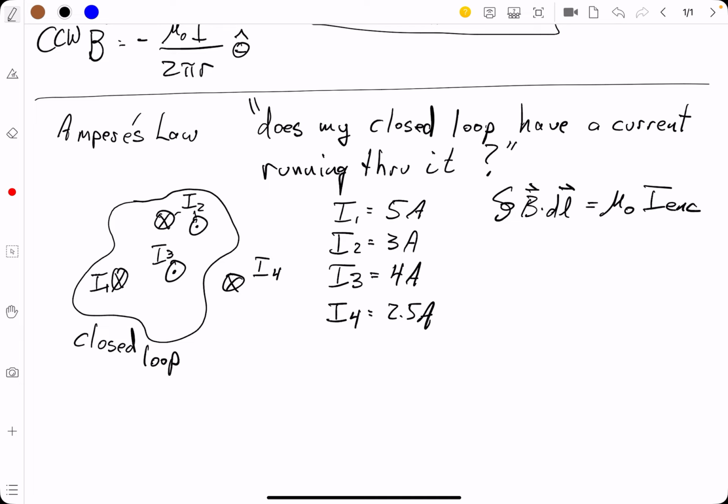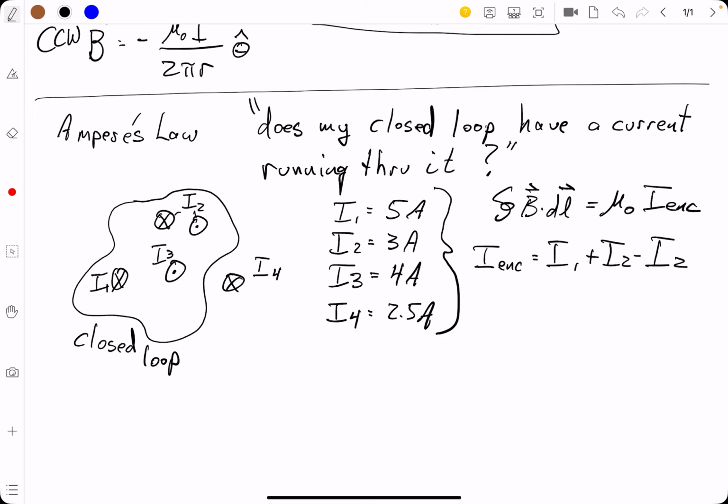So now all I have to do is figure out what my closed loop has enclosed as far as current goes. So what do we have for current? We've got I enclosed is equal to I1. So let's say I1, and we're going to add I2, but then we're going to subtract off I2.